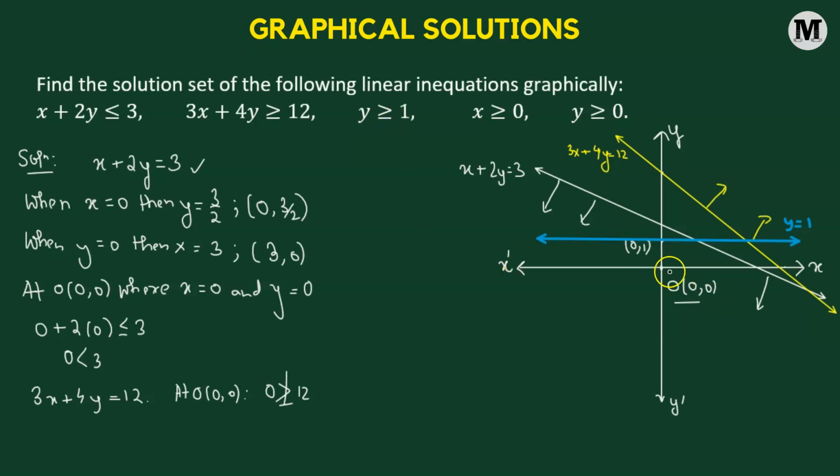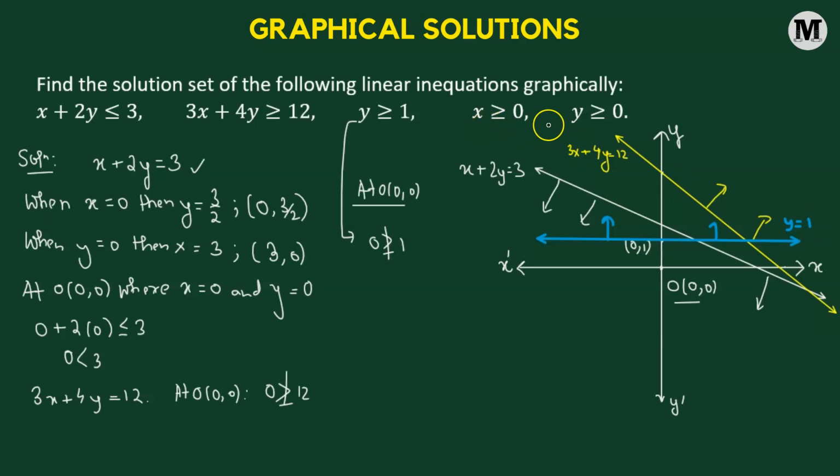So if we choose the origin 0, 0 and substitute this into our inequality, we have 0 greater than or equal to 1. That's again an incorrect statement. That means the region that contains the origin is not going to be a part of the solution. All the solution must lie in the region that lies above the line y equals 1.